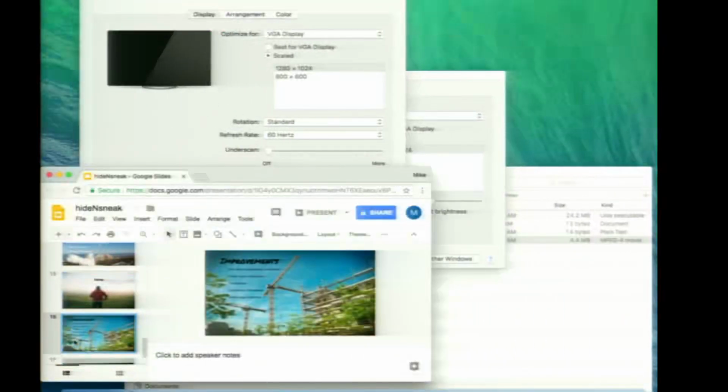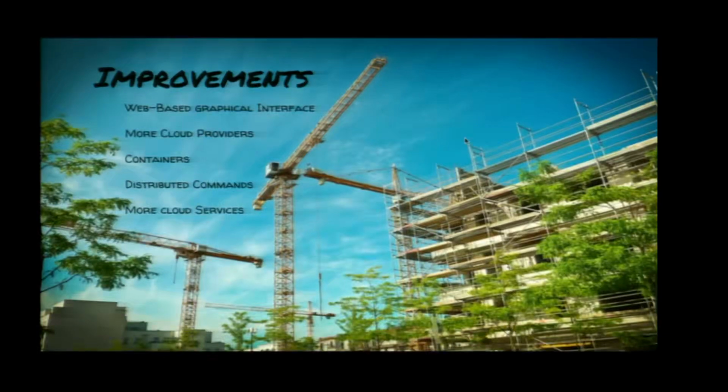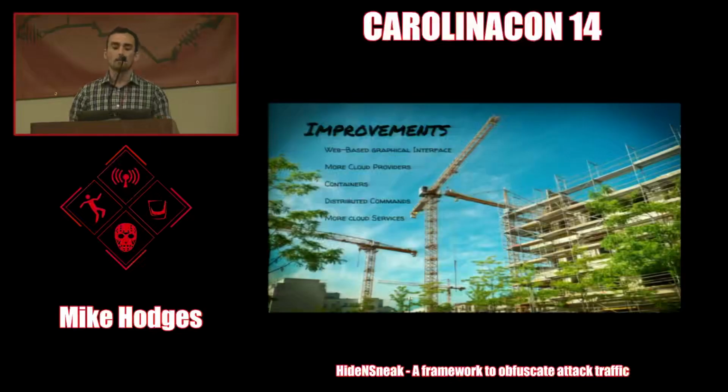And then let me just move on to the future improvements that I'm looking to make to this in the coming weeks, such as adding more cloud providers and a web-based graphical interface, so you can get basically more of a visual view of what's going on, what you're doing, more graphs, and just a better interface for the user to deal with this.